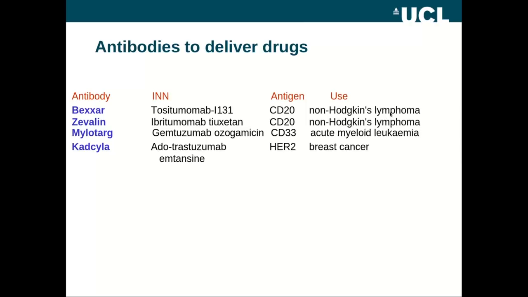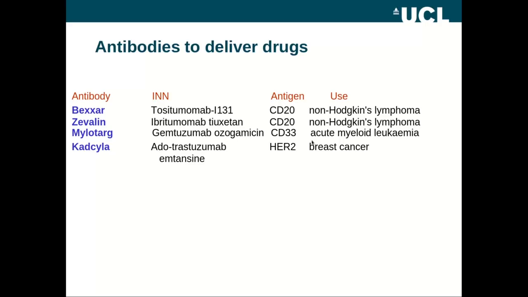This is an example again of an antibody binding to CD20. This time it is an ADC, so it's a drug that's conjugated to the antibody, and again kills B cells in lymphoma. This one targets CD33.